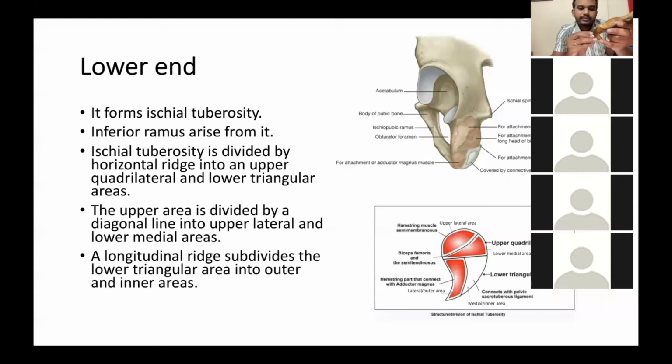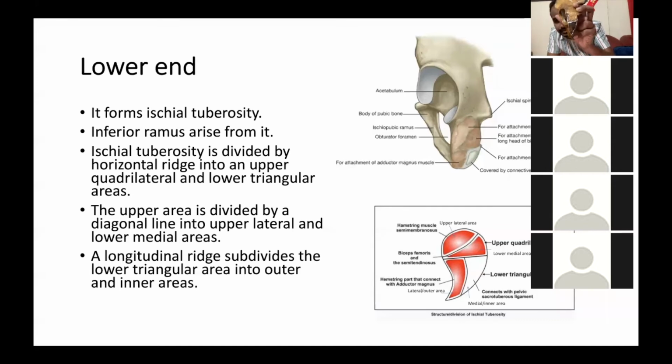I'll mark it. Can you see now? This entire ischial tuberosity is divided by a horizontal ridge like this into an upper quadrilateral area and a lower triangular area.